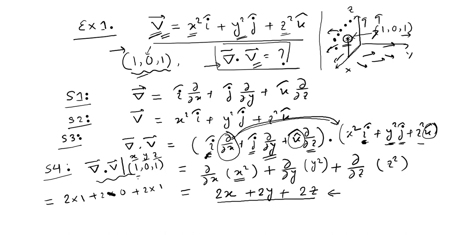So what is the value? It is 2 plus 2, that is 4. So 4 is a positive number. So at that point, we have found out that the divergence is a positive quantity.